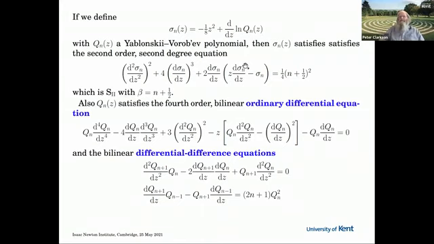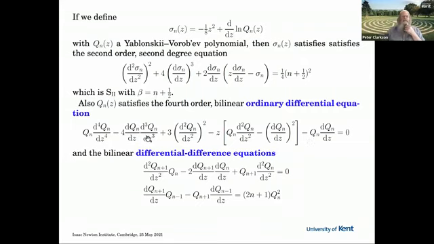Now, if we define this sigma n to be a minus an 8z squared times the logarithmic derivative of one of the Jablonski-Volga polynomials, then it does satisfy the second order, second degree differential equation, which is this Painleve sigma equation of order 2 and parameter n plus a half. Now, from this, you can show that Qn satisfies a 4th order ordinary differential equation that's bilinear as well.